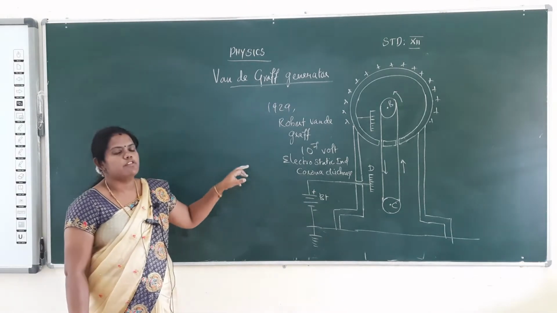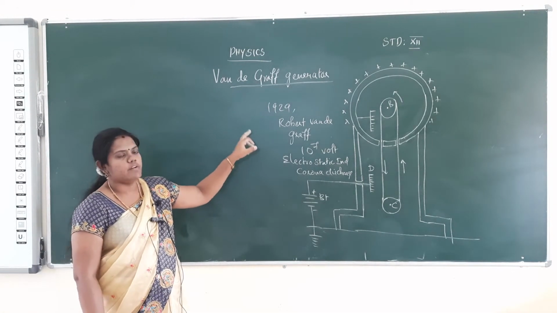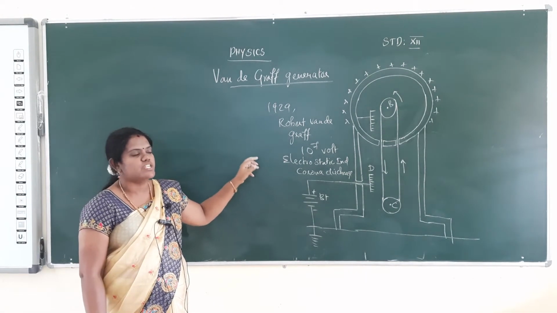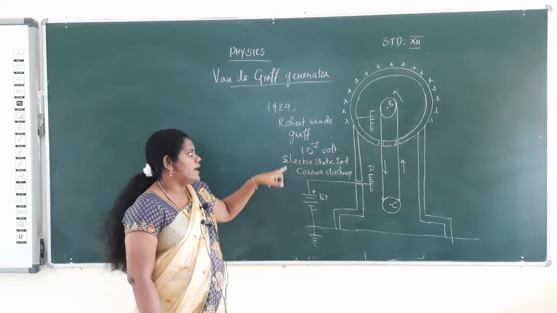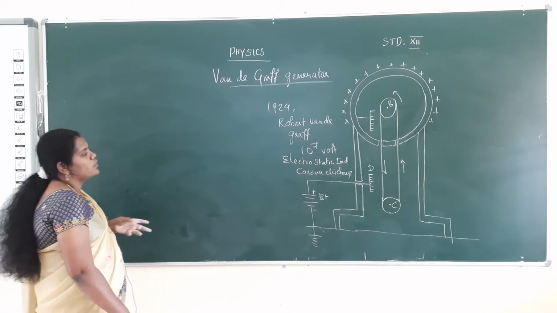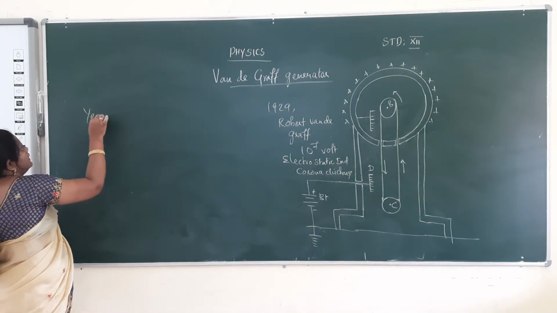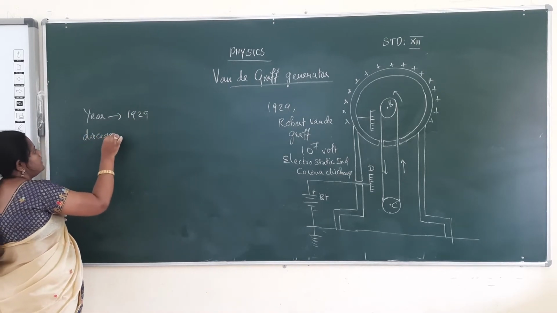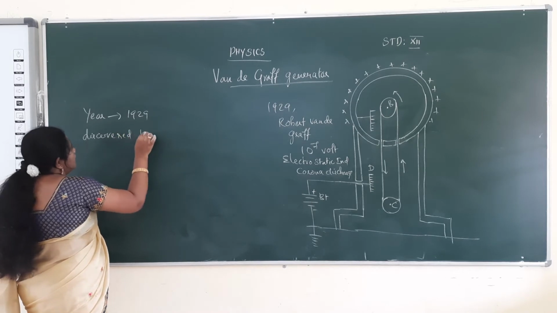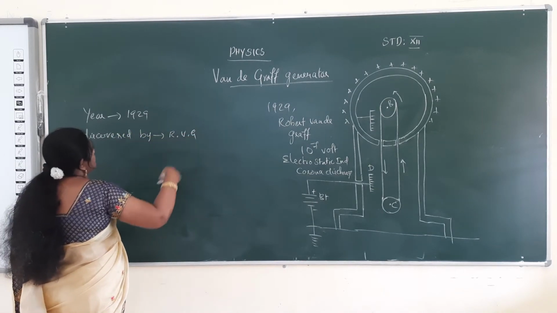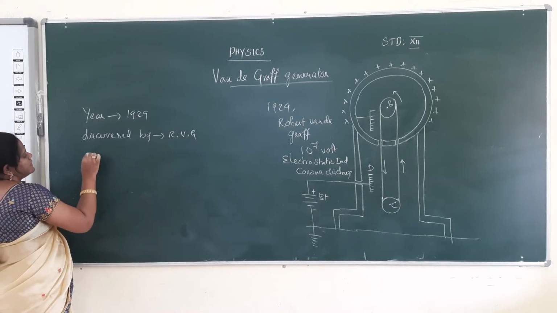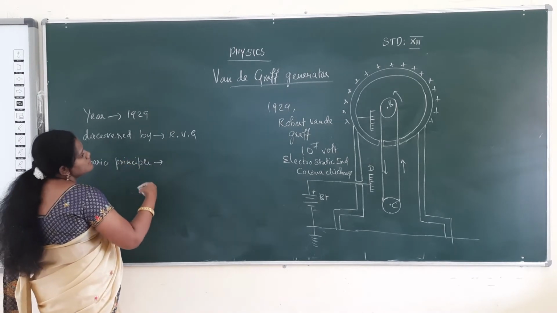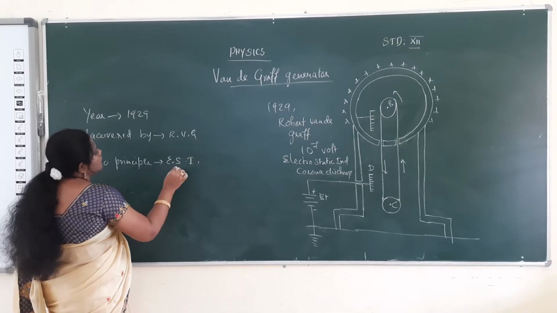So the Van de Graaff generator was first developed by Robert Van de Graaff in the year 1929. It will be used to produce an electrostatic potential difference up to the level of 10 power 7 volt, and it is completely based on electrostatic induction and corona discharge. The basic principle is electrostatic induction and corona discharge.